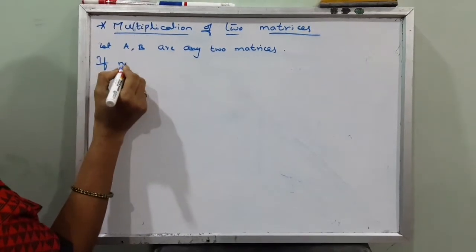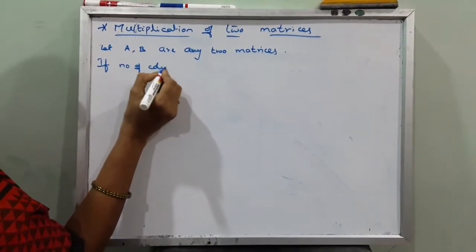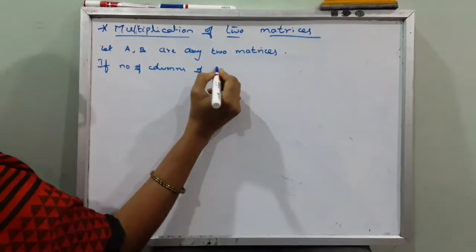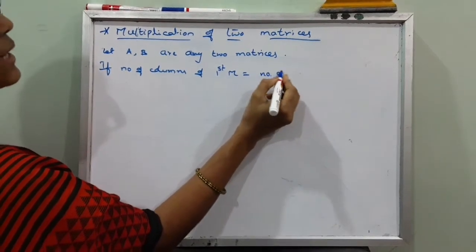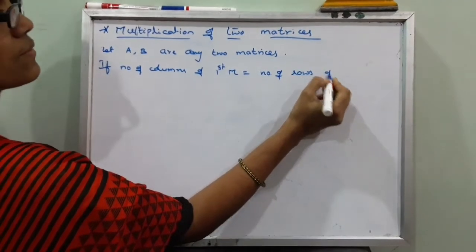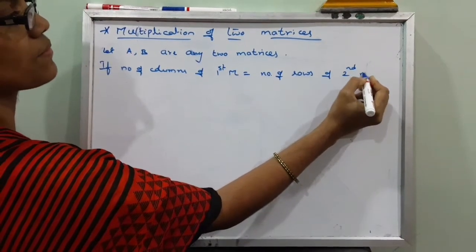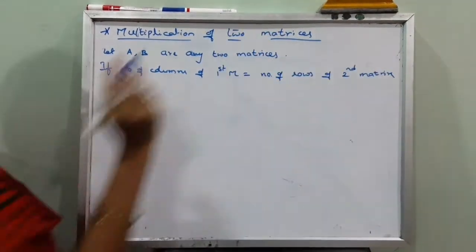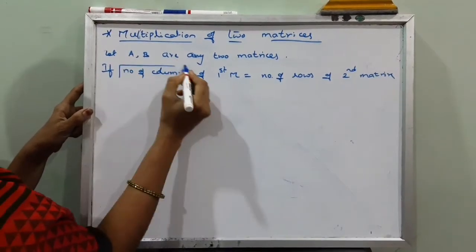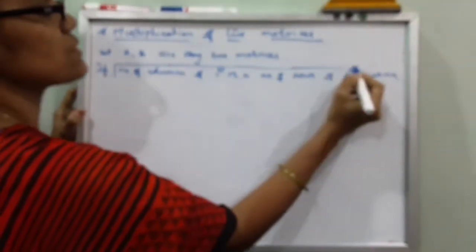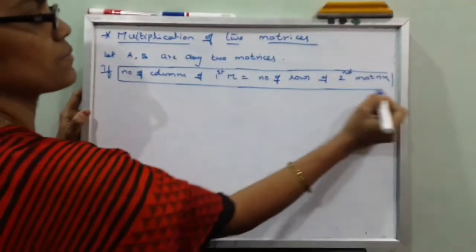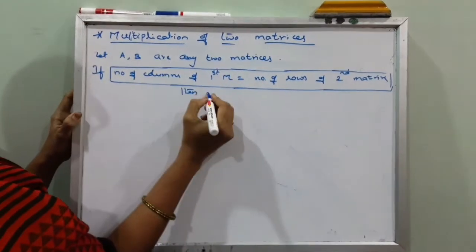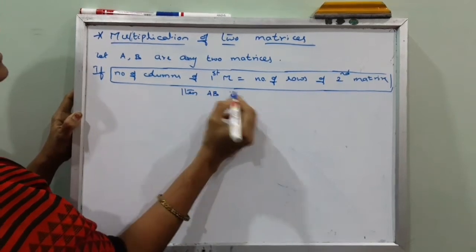If the number of columns of the first matrix is equal to the number of rows of the second matrix, then the product A into B is defined.